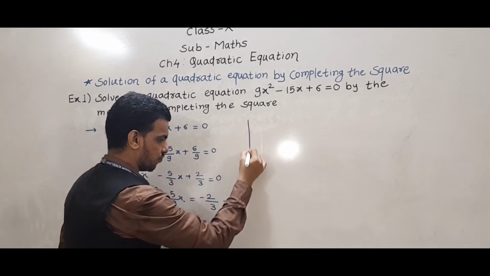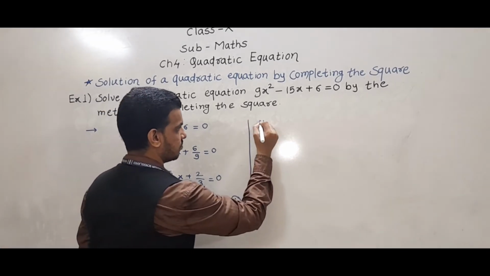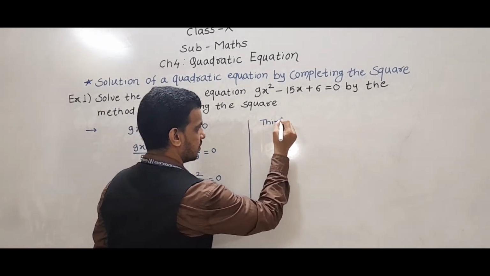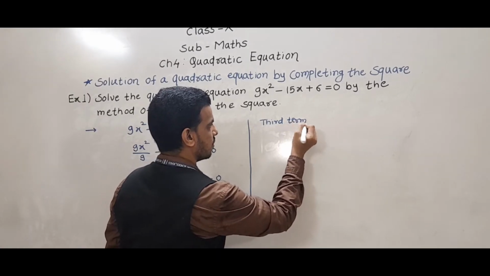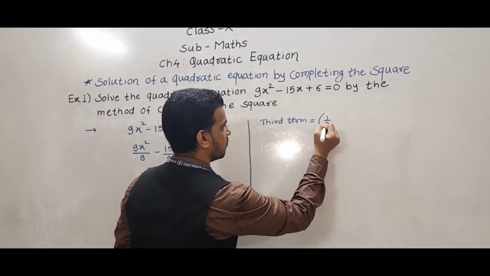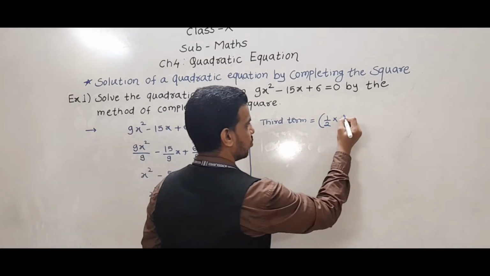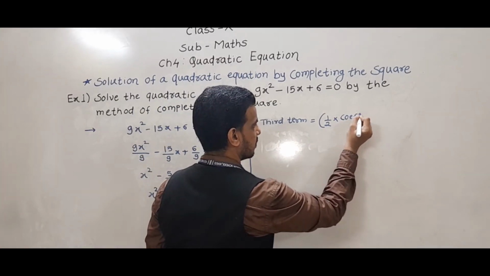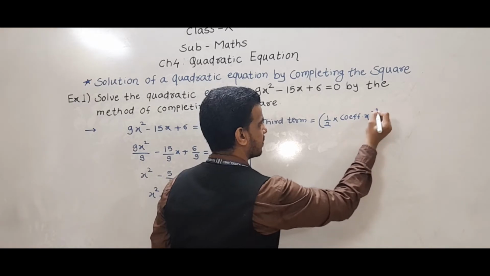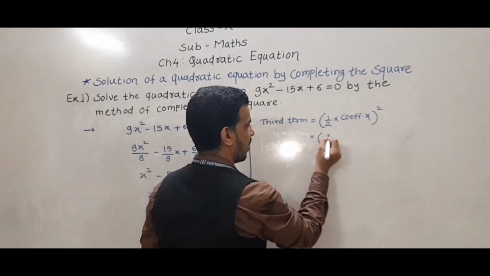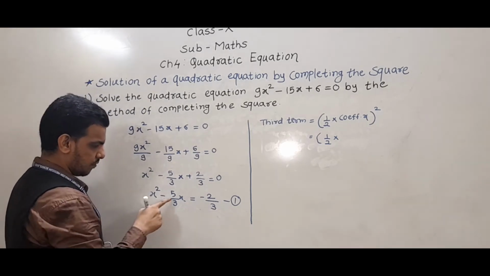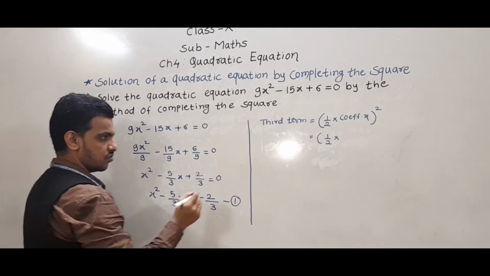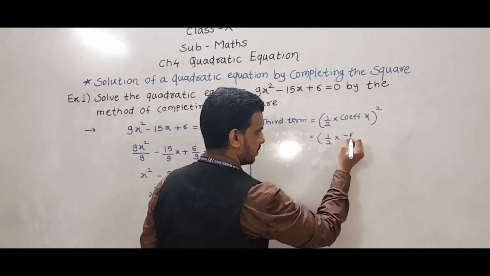The formula for the third term is half multiplied by the coefficient of x, bracket square. So half multiplied by the coefficient of x is minus 5 by 3, so we write minus 5 by 3 here.